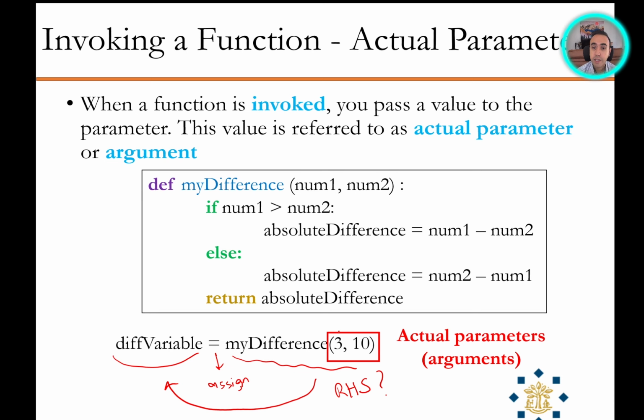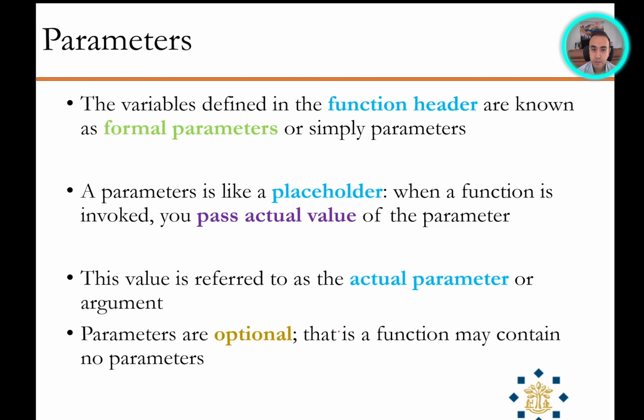When you invoke, these two parameters will pass the actual value to the placeholders. The placeholders are the formal parameters, right? And then the values become some actual value. Instead of num1 and num2, we actually know that they're 3 and 10.